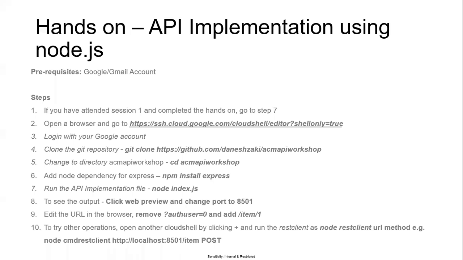Once you clone it, you change the directory into the newly created folder, ACM API workshop. After that, you need to install Express using the command shown on the screen, npm install express. You need to type it in the shell.